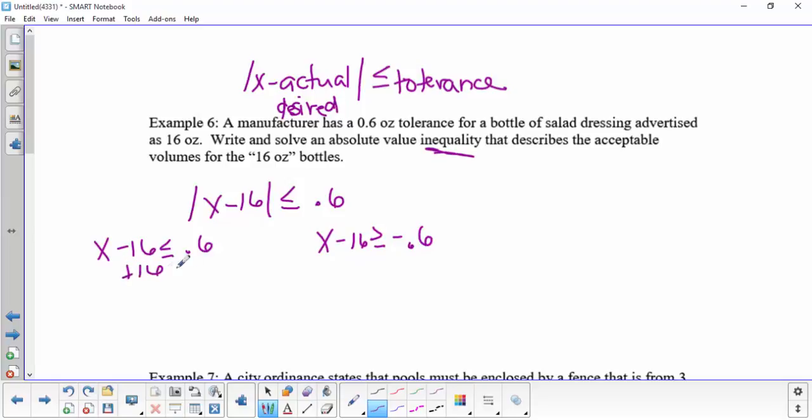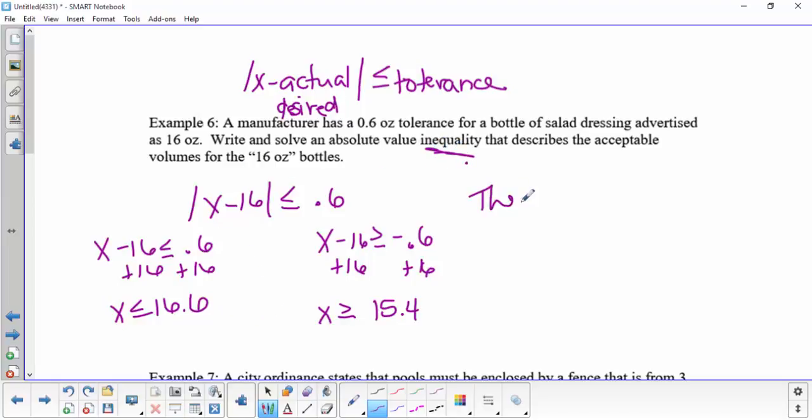So when I add 16, I get x is less than or equal to 16 and 6/10. When I add 16 over here, I get x is greater than or equal to negative 6/10 plus 16, which would be 15 and 4/10. So, write and solve an absolute value inequality that describes the acceptable volumes.